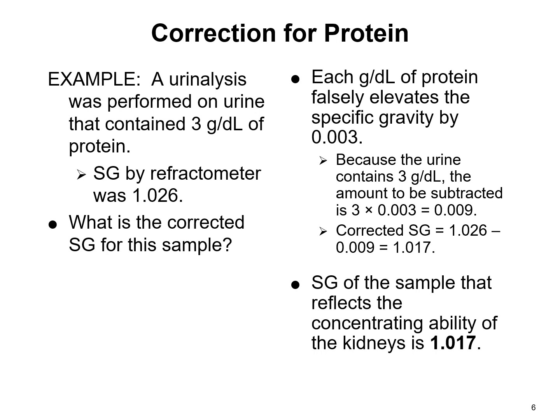Because we have 3, we take that 0.003 and multiply it by 3, which gives you 0.009, and then you subtract that from your refractometer value of 1.026, which gives you 1.017. So your corrected value for that specific gravity would reflect the concentrating ability of the kidneys at a 1.017. Now the details of what all of these values mean, we'll talk a little bit more about when we get into the urinalysis course.